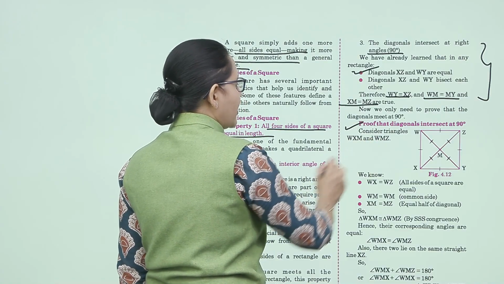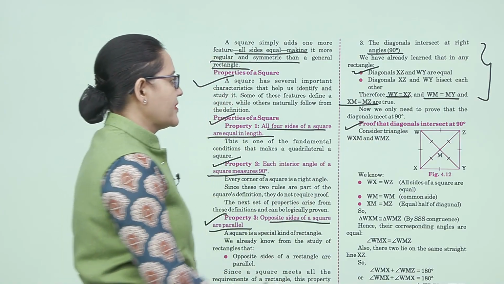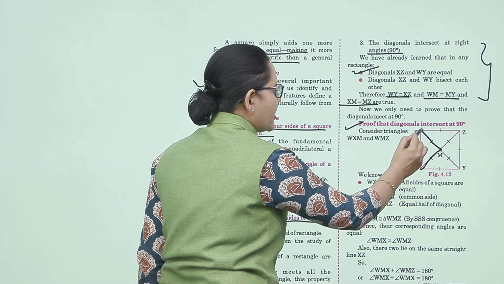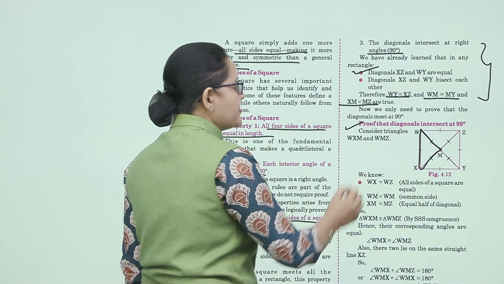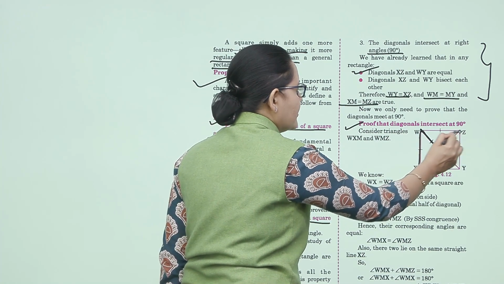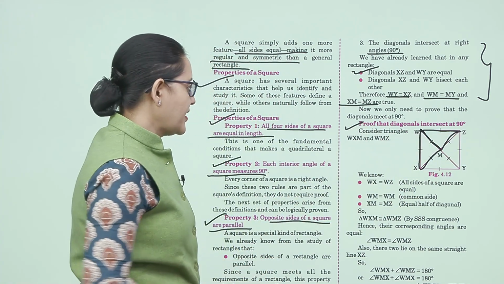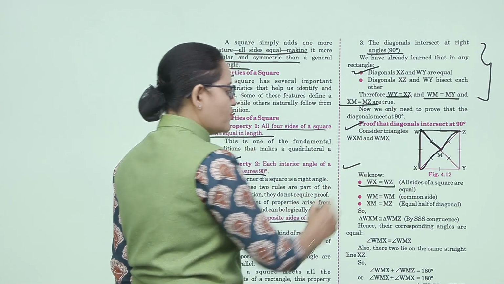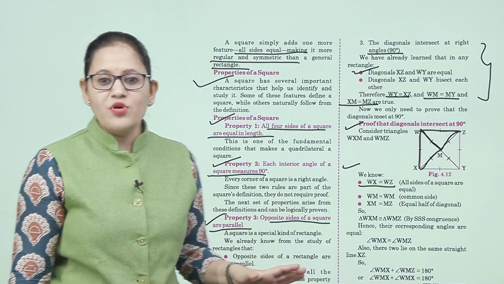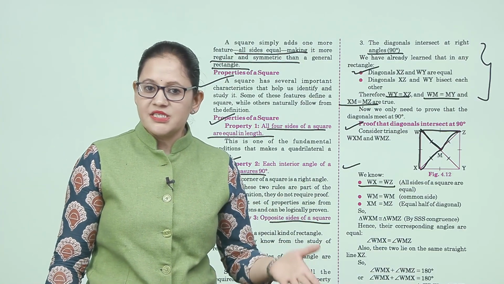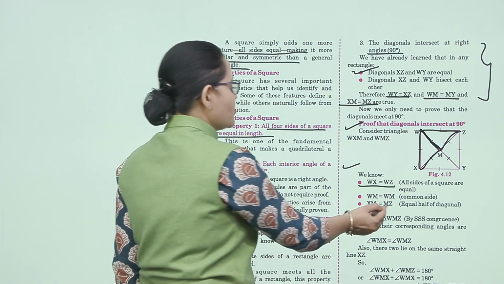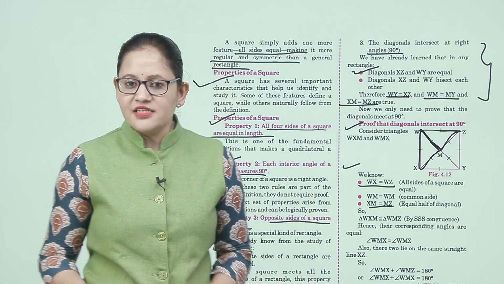Now, consider triangles WXM and WMZ. We know that WX equals WZ, since all sides of a square are equal. WM equals WM, a common side. XM equals MZ, equal halves of the diagonals.